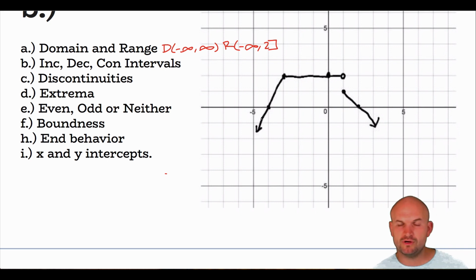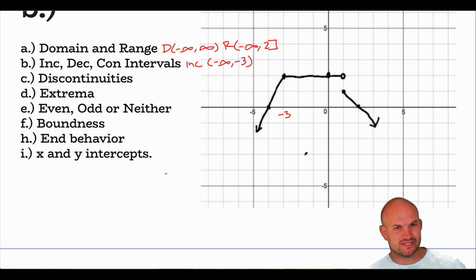The next one, increasing. Well, we can see from -infinity to, let's see, what is this, -3. The graph is increasing, so I'll just write increasing from -infinity to -3. And again, one thing I forgot to mention when we're dealing with increasing, decreasing, and constant intervals is that we're only going to use parentheses.